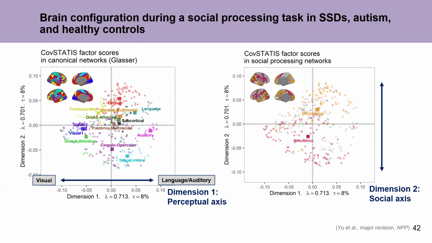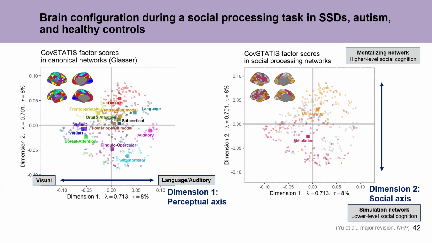And you can see that it's pretty well captured on the second dimension. So we define the second dimension as the social axis that captures the segregation between the mentalizing and the simulation networks.